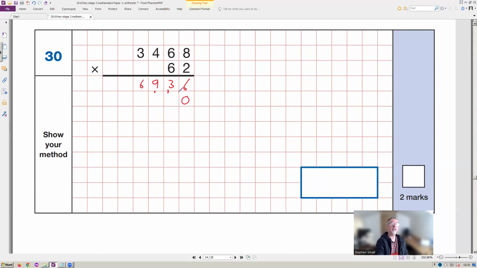I'll put the 0 here. 6 8s are 48. 6 6s are 36 and 4 is 40. 6 4s are 24 and 4 is 28. 6 3s are 18 and 2 is 20. 20 like that. Now we've got to add them up.